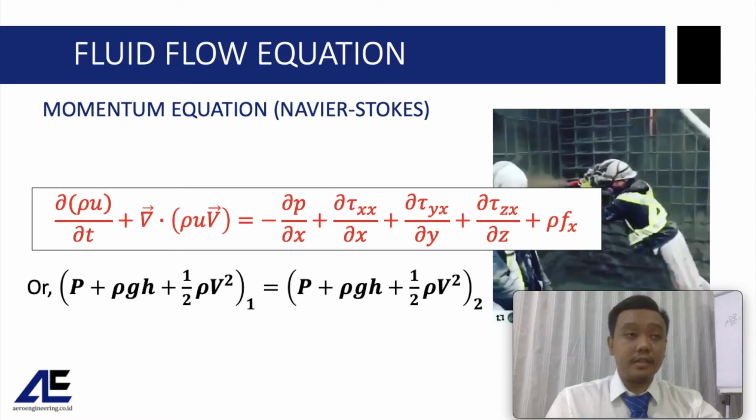The red equation shown here is the Navier-Stokes equation in the form of a vector partial differential equation, and the black equation here is the form of the Navier-Stokes equation with steady state, non-viscous, and one-dimensional flow, or what we know as the Bernoulli equation.